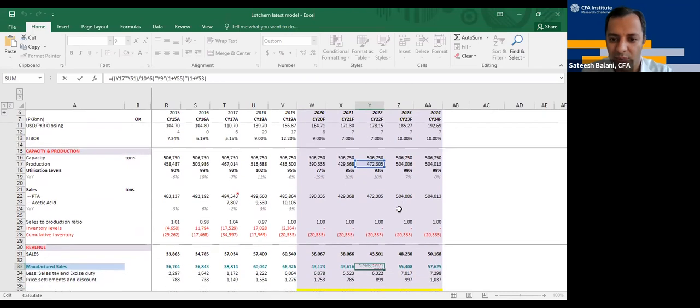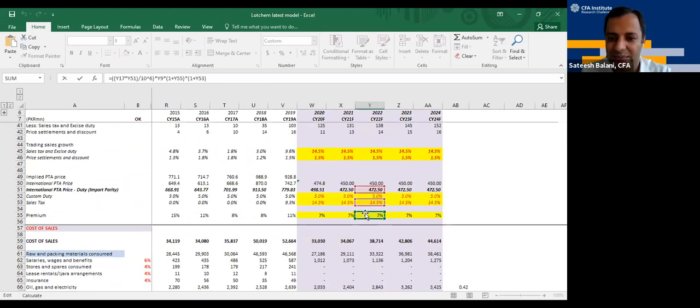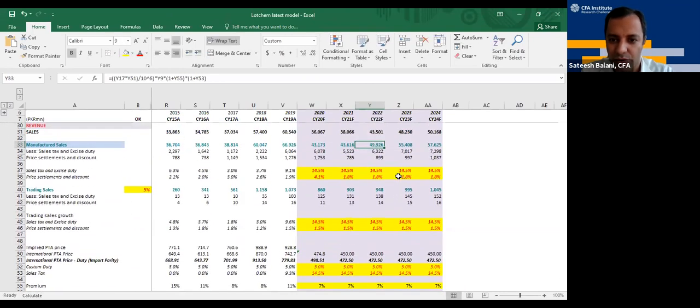And then I multiply that by 1 plus 14.5% tax and the 7% premium that the company gets when they sell. So that all gets me to 49.9 billion. And then I again calculate the sales tax and remove it from the net sales number. Effectively, this is the number I get.